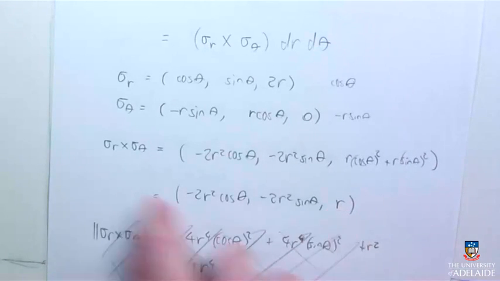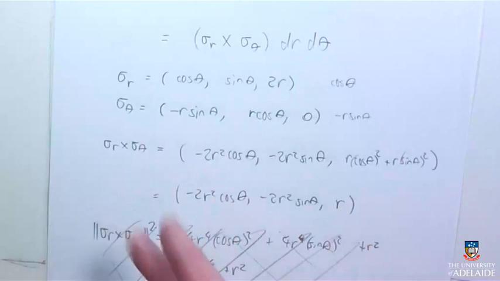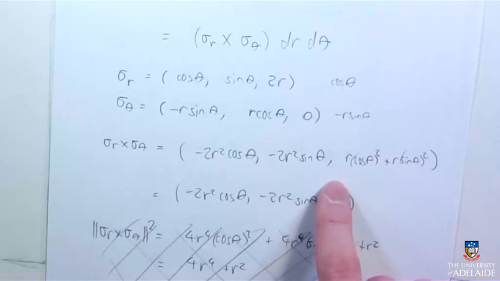So if you had done your cross product the other way around, you would have said, but we needed that to be positive, so we'll do the other cross product. So if it came out to be minus r when it's sigma theta, sigma r, you would have said, well, we need a positive third coordinate, and so we'll instead calculate sigma r, sigma theta.